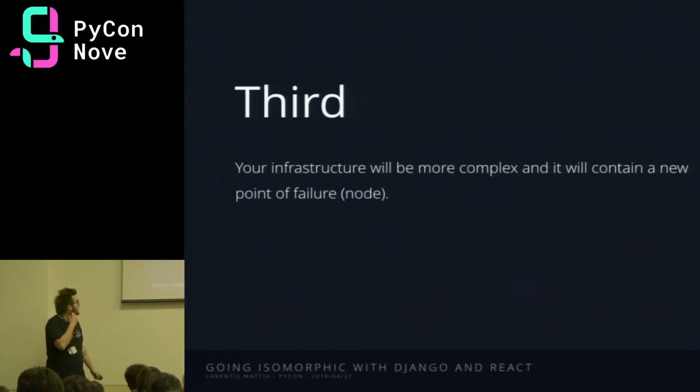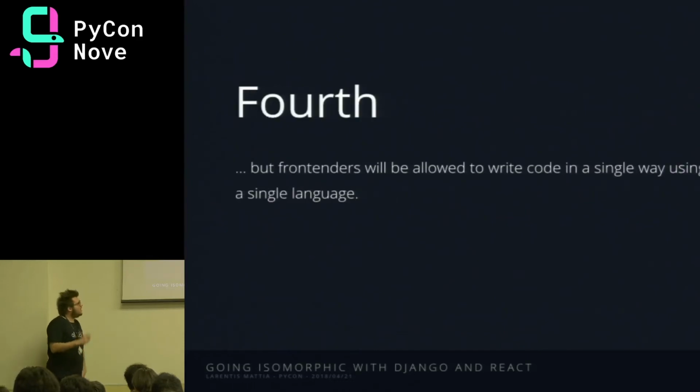Three, your infrastructure will be more complex. You have to set up and keep Node up and running, and Node is another point of failure, so everything can go wrong. And four, I'm a front-ender, and I don't want to write code with Jinja or Django templates, so I prefer to use this stuff.